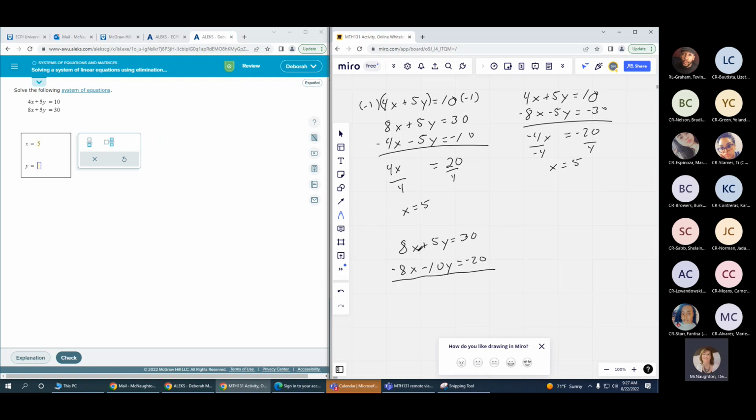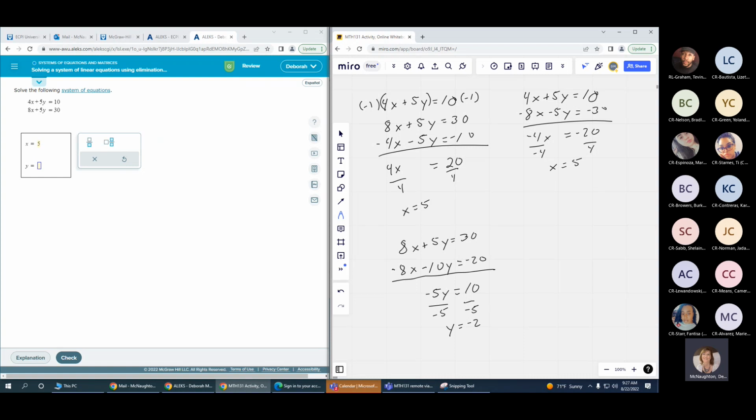And now when I add them together, the x's cancel out, and I get -5y equals positive 10. I can divide both sides by -5, and y is -2.